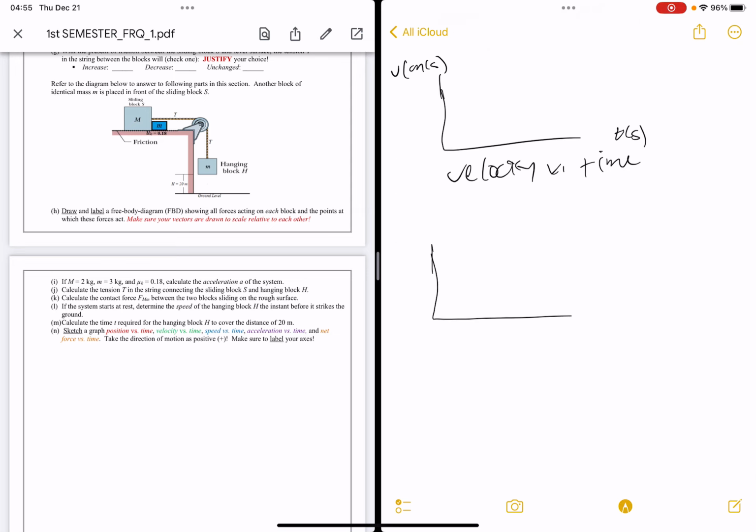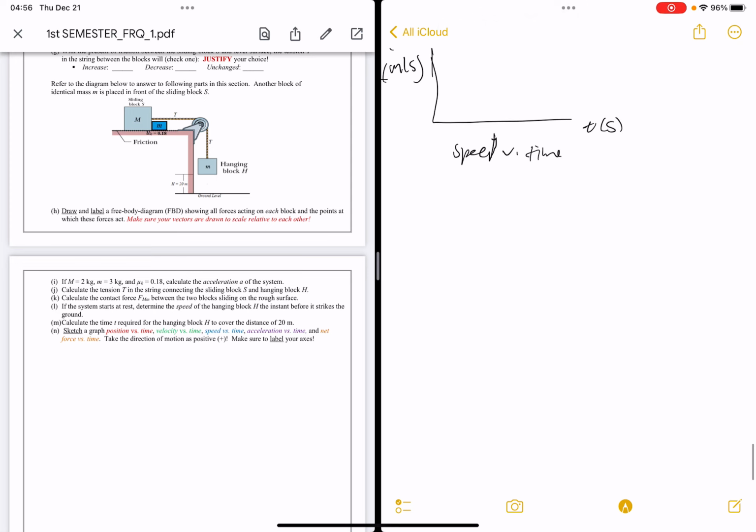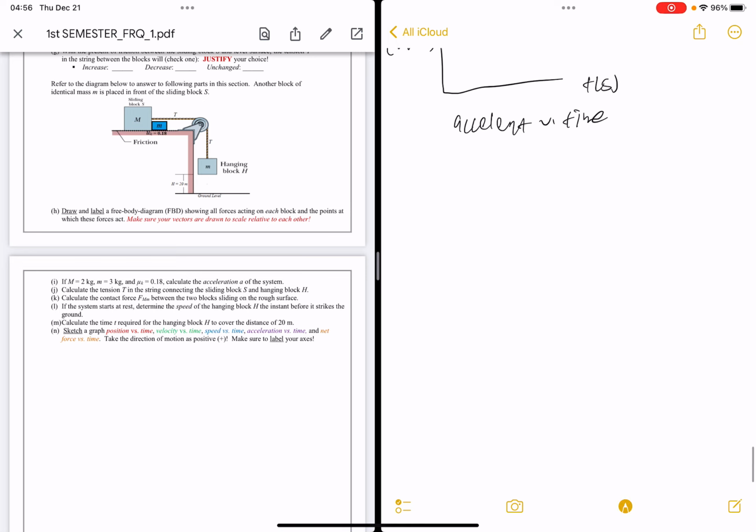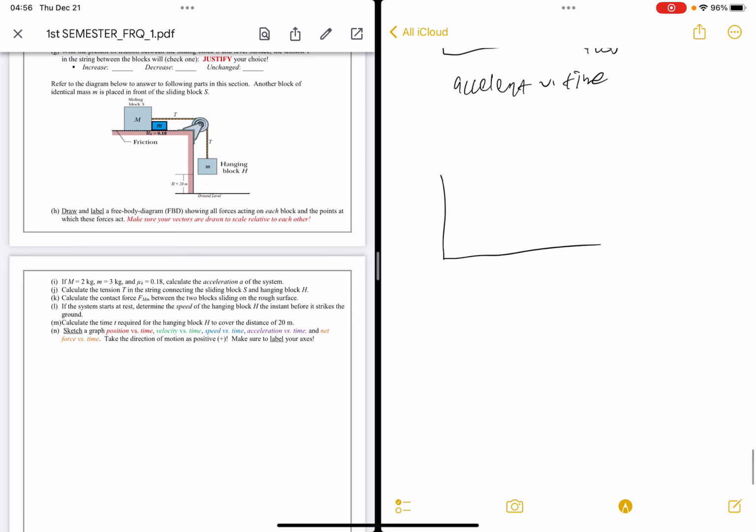What's next? Speed versus time, time is t seconds, speed in meters per second. Acceleration, this is time, and then this one would be a in meters per second squared. And last but not least, net force in newtons, t seconds, net force versus time.